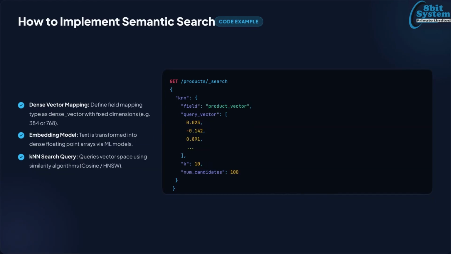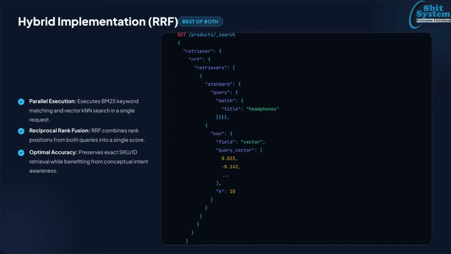For the implementation of semantic search, we use dense vector mapping, embedding models, and a KNN search query. And the hybrid implementation combines the strengths of both lexical and semantic search, and it uses parallel execution, reciprocal rank fusion, and optimal accuracy.